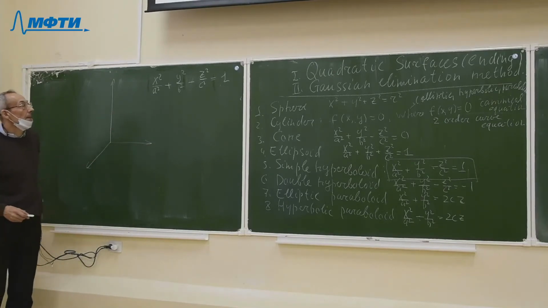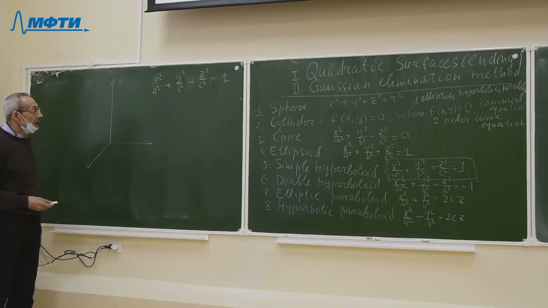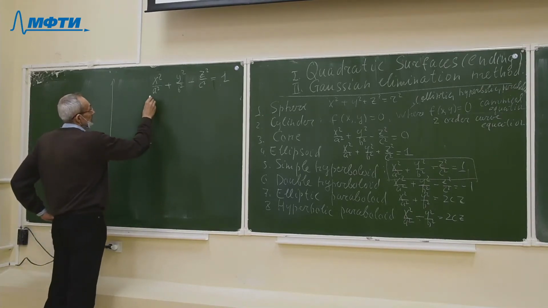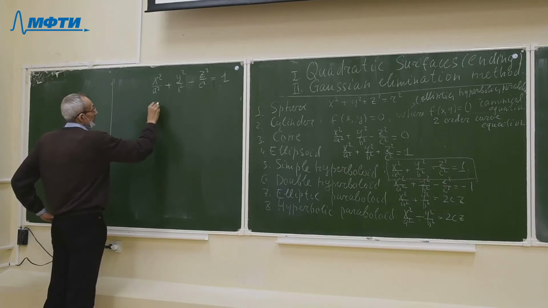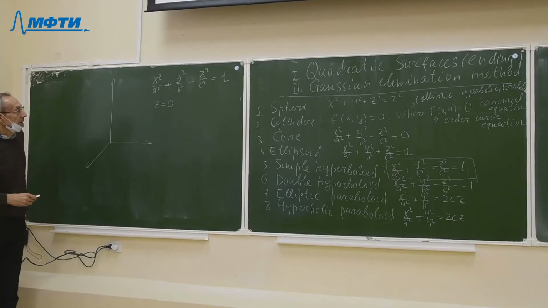Let's consider the various sections of this surface. First of all, consider the section of the surface by the coordinate plane z equals 0.